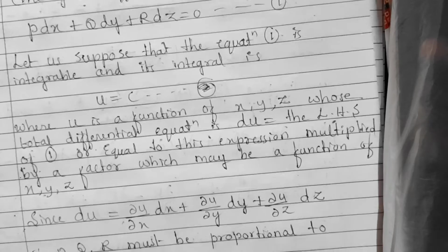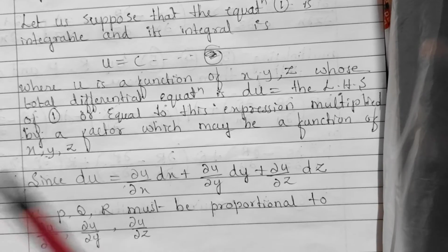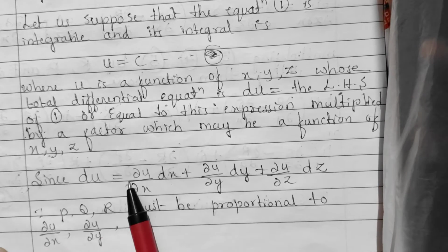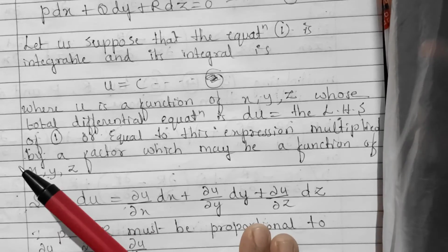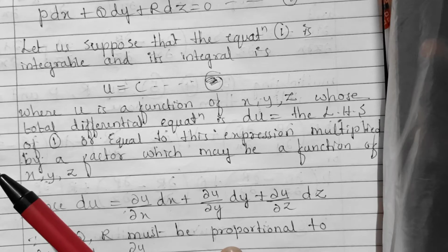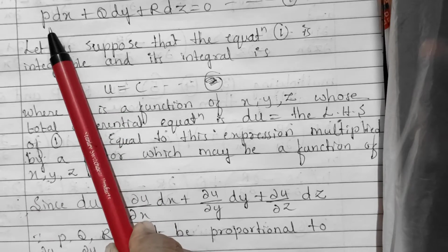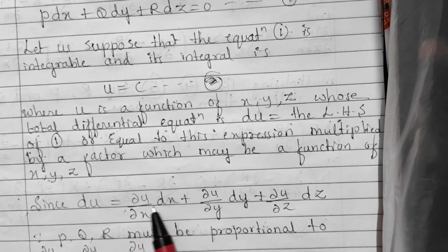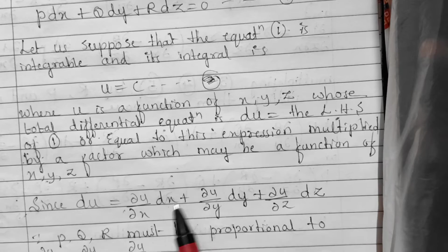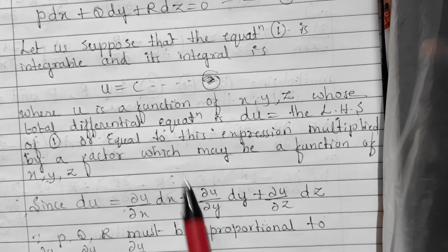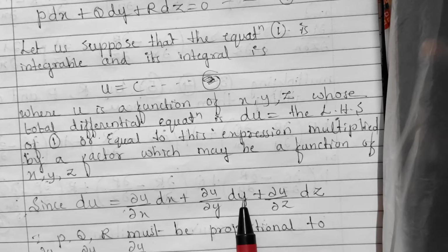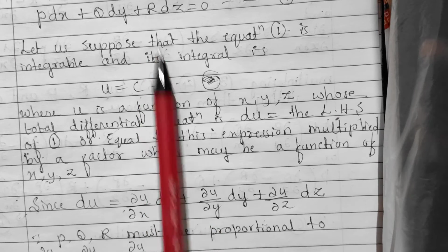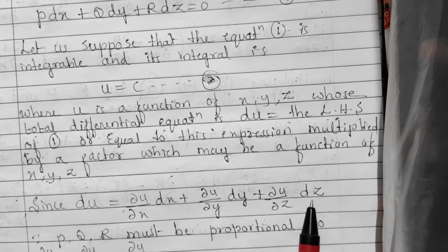Since du is equal to dou u by dou x into dx plus dou u by dou y into dy plus dou u by dou z into dz.